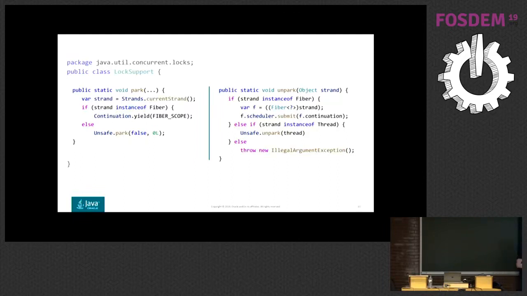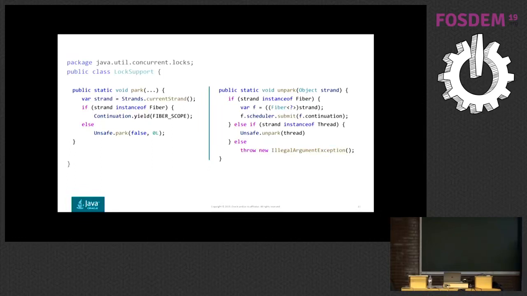In the prototype, first we check whether we're running in an ordinary thread or a fiber. If we're on an ordinary thread, the same thing happens as today: we call unsafe.park, and that asks the operating system to block the thread. But if it's a fiber, we just yield its continuation. So for fibers, if you try to block, what really happens is that their continuation is yielded.